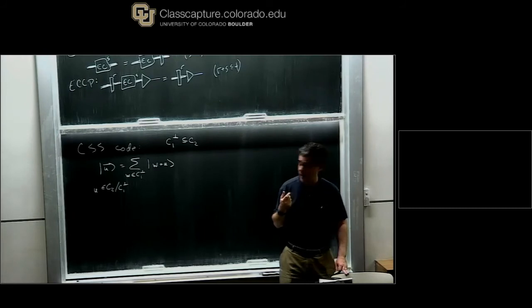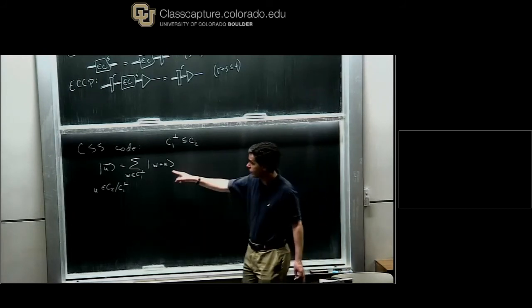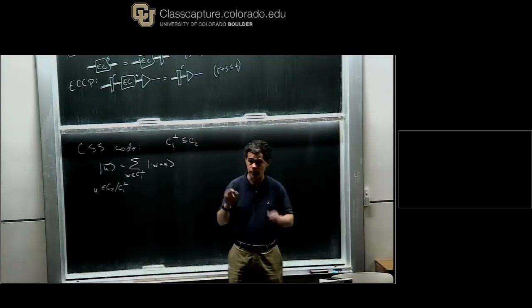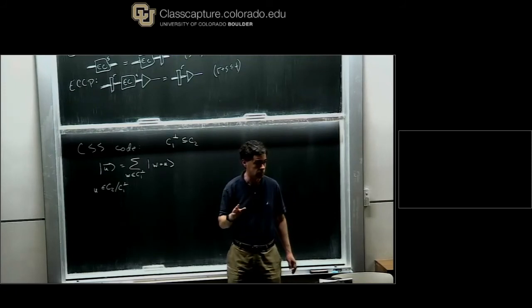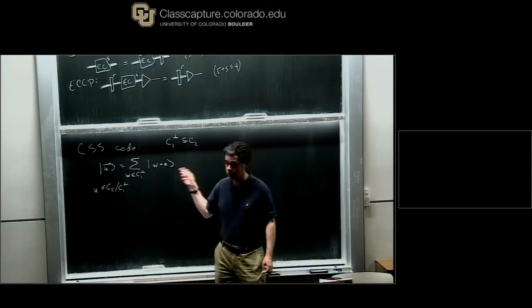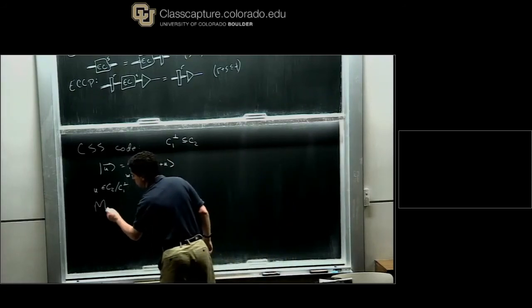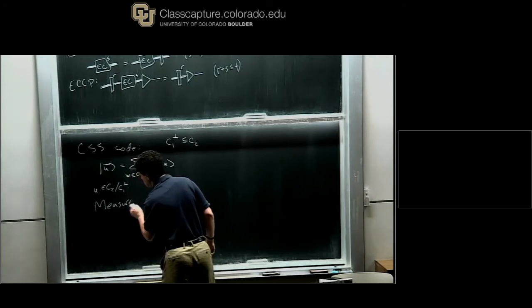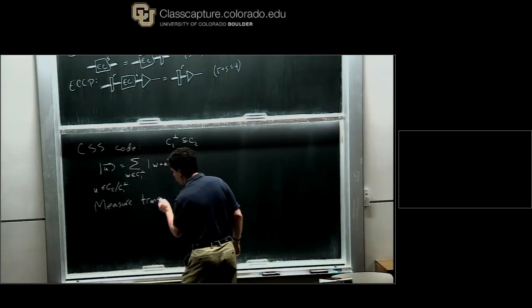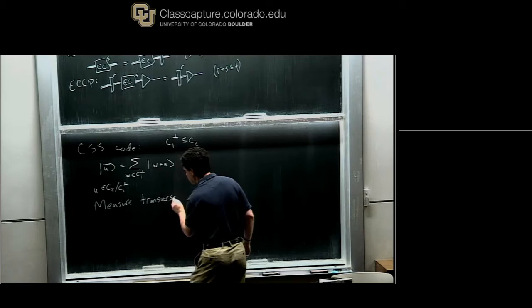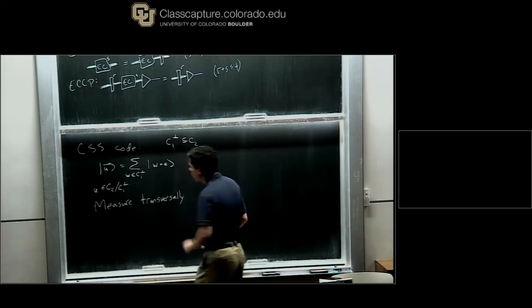Okay? And so if we have such a code word, let's suppose for the moment that there are no errors, and you measure every qubit of this. It's basically a transversal measurement. Well, what do you get?